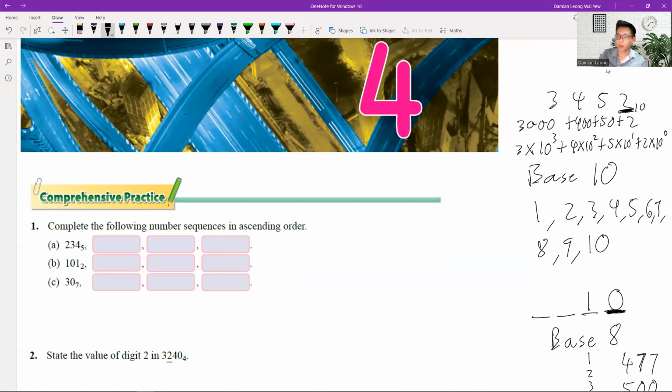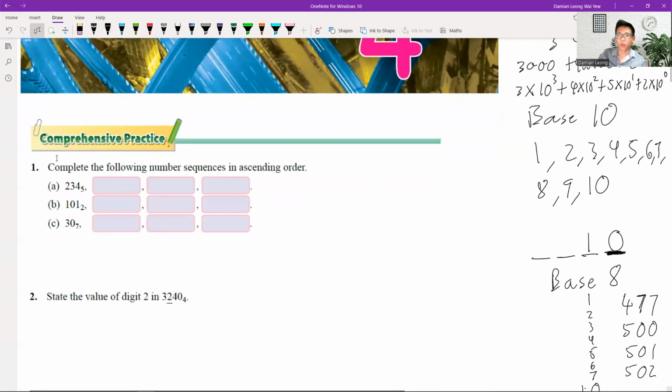So let's look at some of the questions with this basics first. First is completing the number sequence, which means we need to know how to count up in whatever base number they give you. Like I said, once it reaches your base number, we carry over.